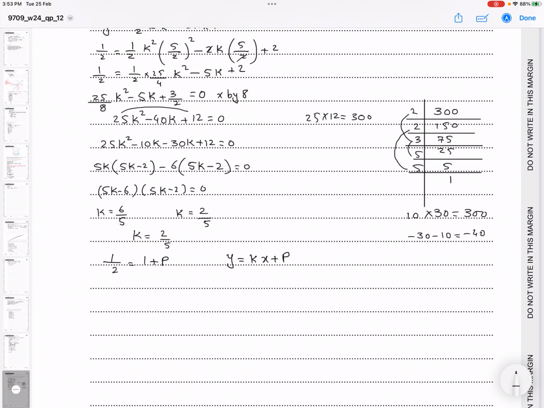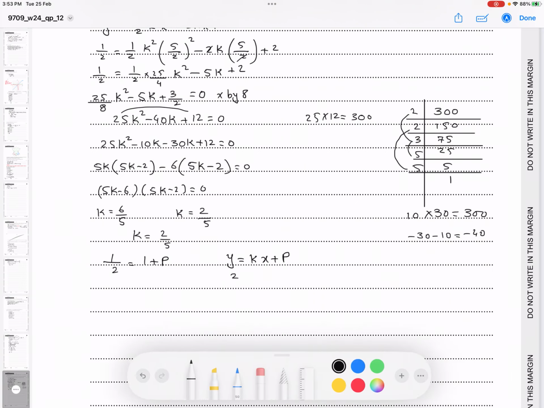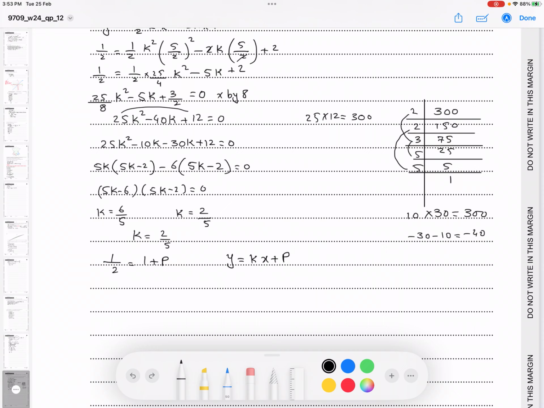So what you did, 1 over 2 equals 2 over 5 times x, which was 5 over 2, plus p.